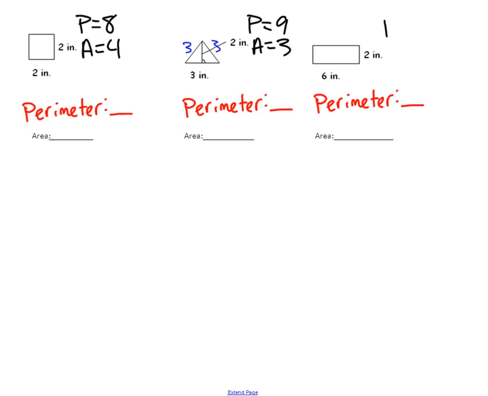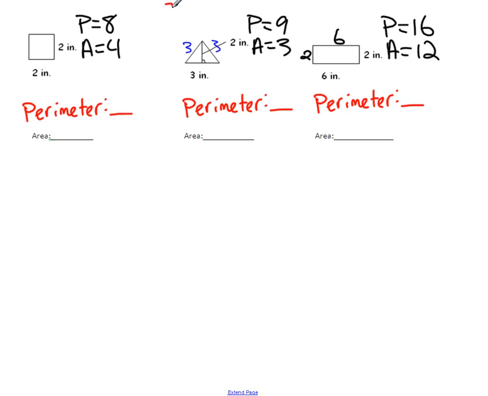And our last rectangle has a perimeter of 16. Remember, how do we find perimeter? We just add up all the sides. And the area of that is 12. Okay? And what we're going to do, we're going to start with a scale factor of 2.